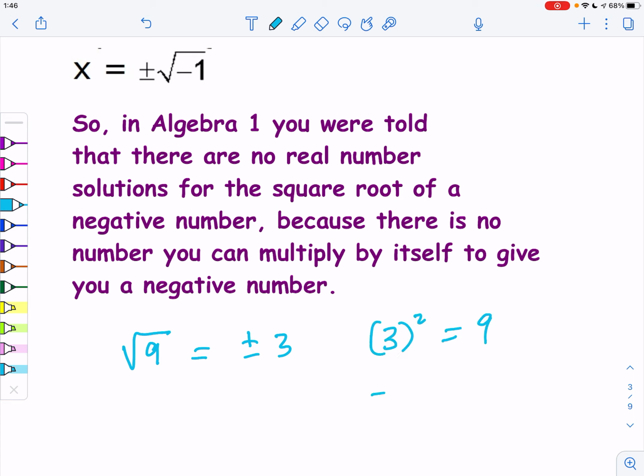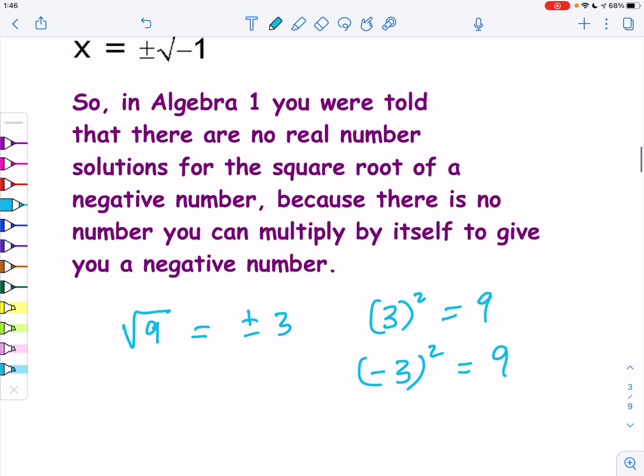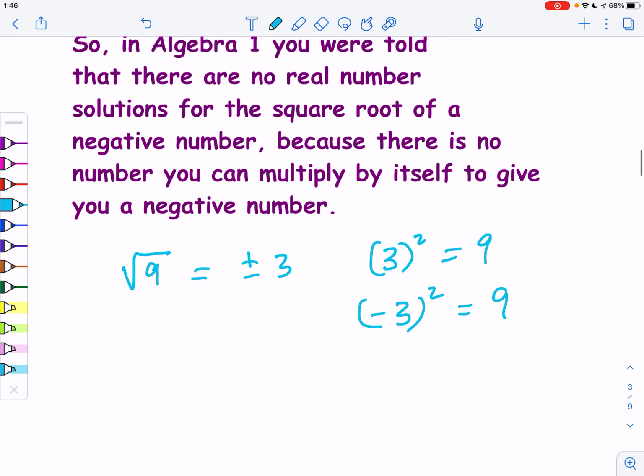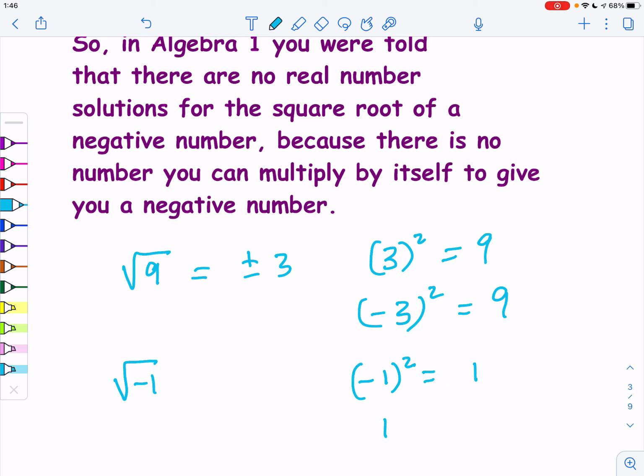If you multiply negative 3 by itself, you will also get 9. Let's think about the square root of negative 1. If you multiply negative 1 by itself, you're going to get 1. If you multiply 1 by itself, you're going to get 1. So there's nothing you can multiply by itself to give you negative 1.